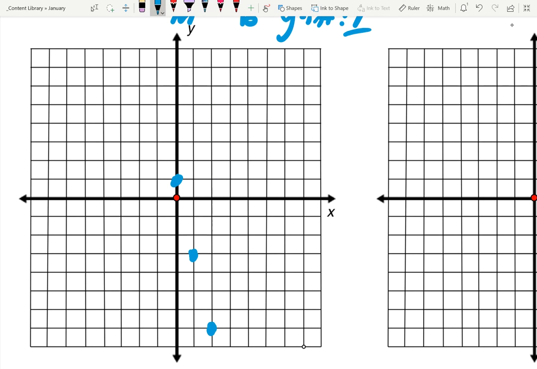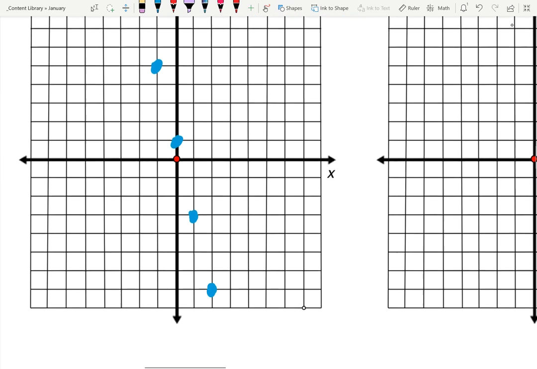So continue this line because it's supposed to go in this direction. So if we do that, we're going to go up 4, 1, 2, 3, 4, and then left 1 because we're going backwards. That's going to put our point right here. And then we don't have enough room to do it anymore because if I go up 4 again, I'm going to be off the graph. So that's as many points as I can get.